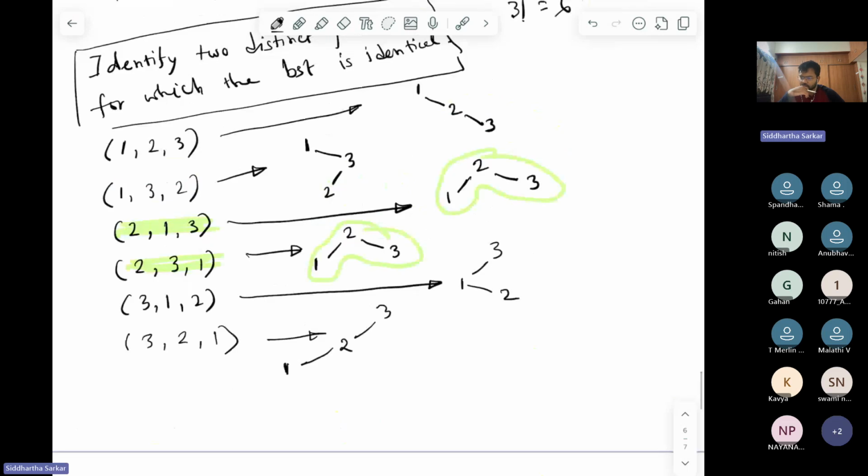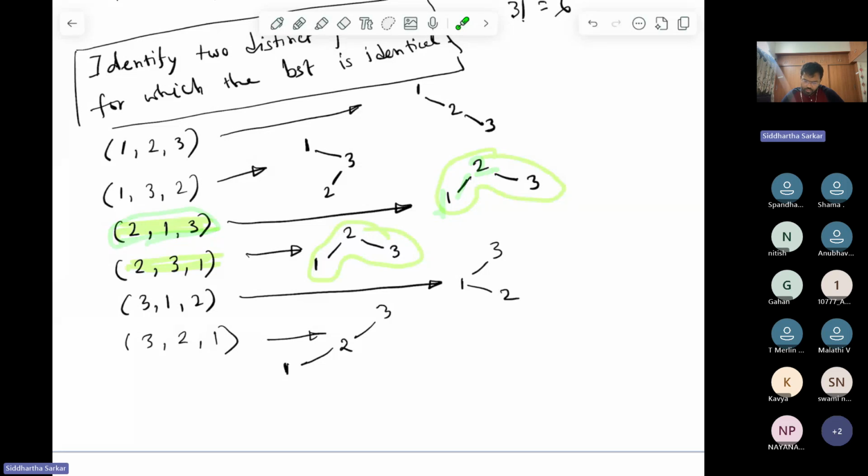Can you have 3 to the right of 1? For example, in 2, 1, 3, first we make 2 the root. Then you look at 1, which is to the left of 2.